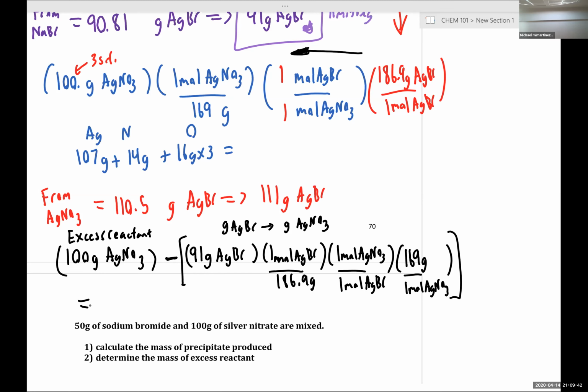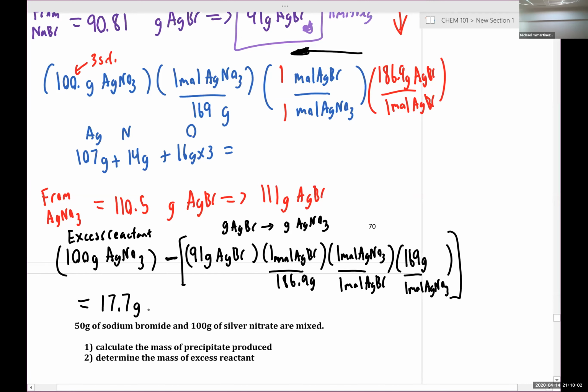So let's take a moment and make sure we're comfortable entering these values into our calculator. So in effect, we're taking the mass of excess reactant and converting the grams of product to the grams of reactant consumed. And I hear 17.7, that's exactly right.